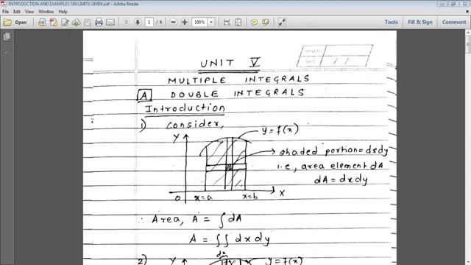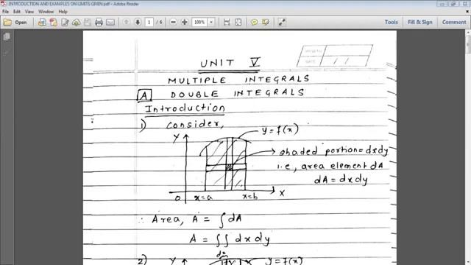In the first example, you see the area under the curve y equal to f of x, which is bounded by the straight lines x is equal to a and x is equal to b and the x-axis. Consider a vertical strip and a horizontal strip in this region.